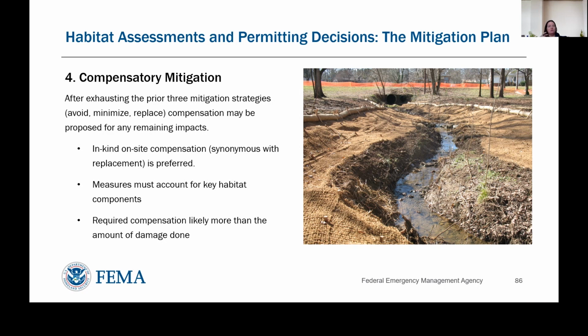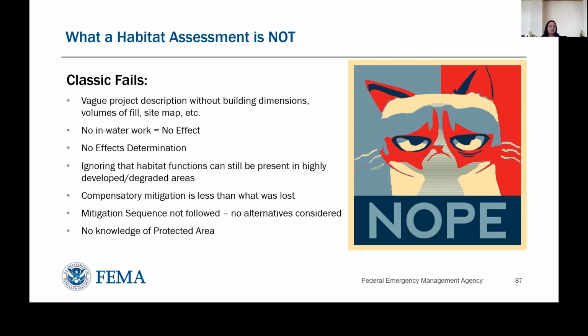And so the way to handle that is to do more, right? From what you've taken away, put back more to try to offset how long it's going to take for that stuff to get back to its full function. So the compensation required for loss likely needs to be more than the damage that was done.